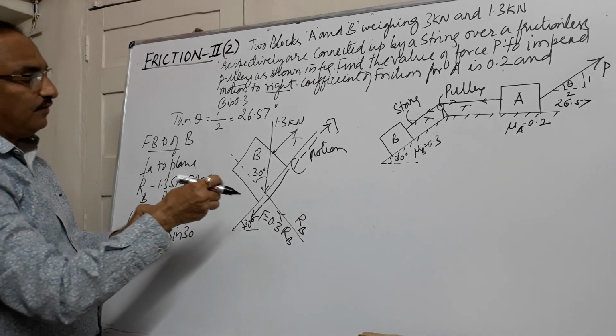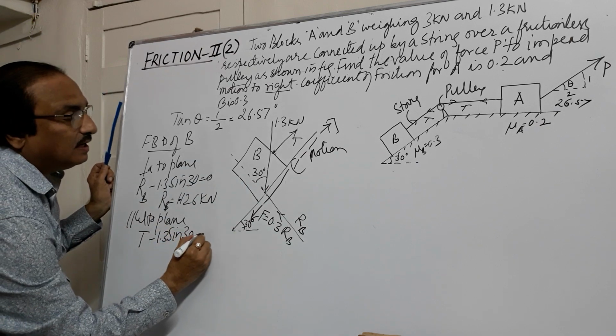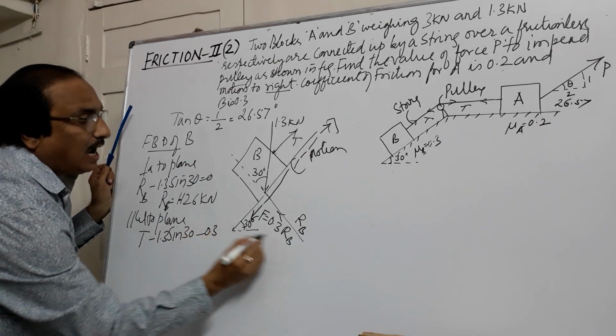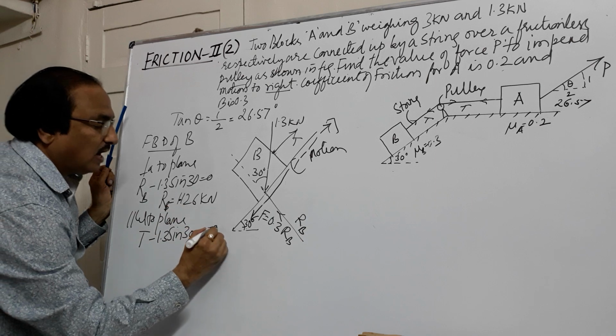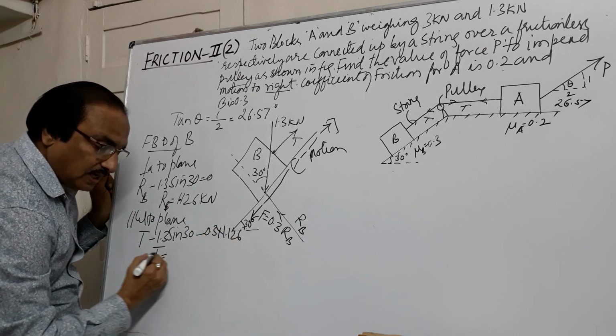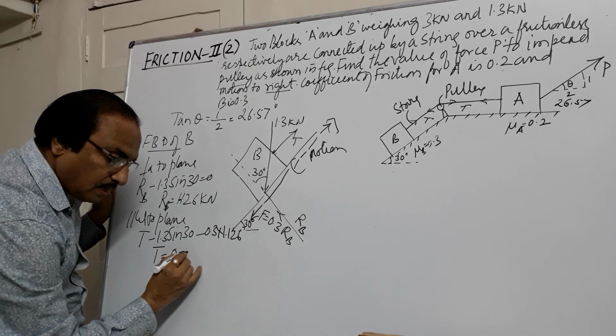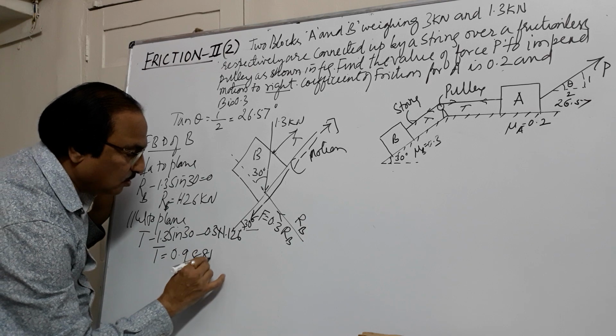And this force F is acting parallel to the plane towards left, so this will be minus 0.3 RB, and we know the value of RB is 1.126. If you simplify this, you get the tension as 0.988 kilonewton.